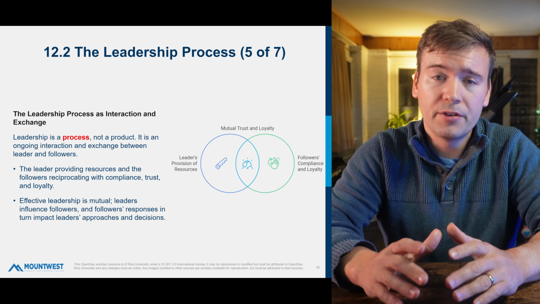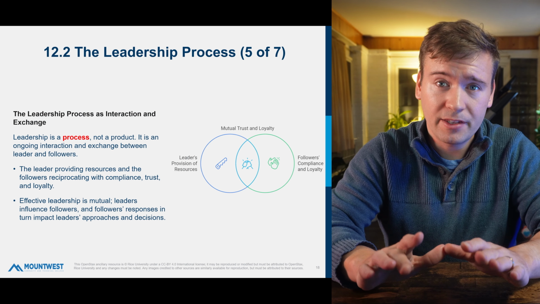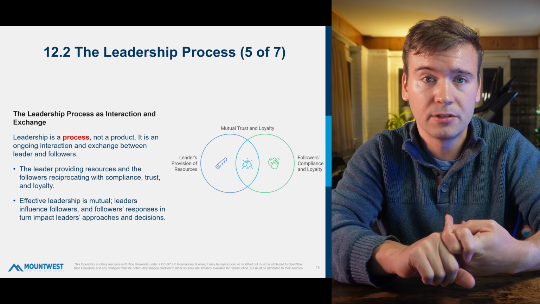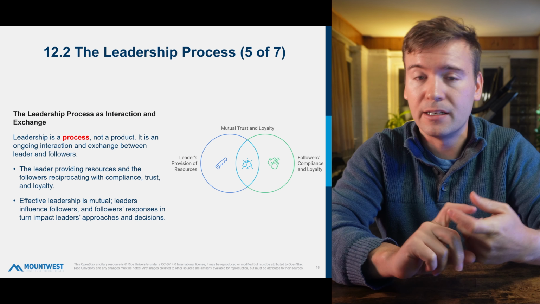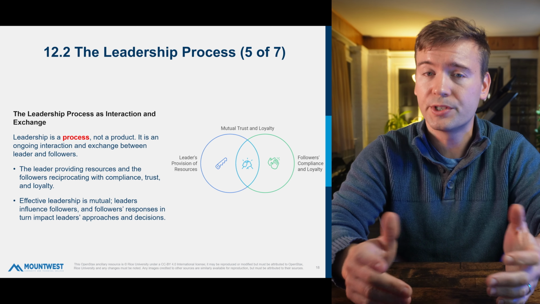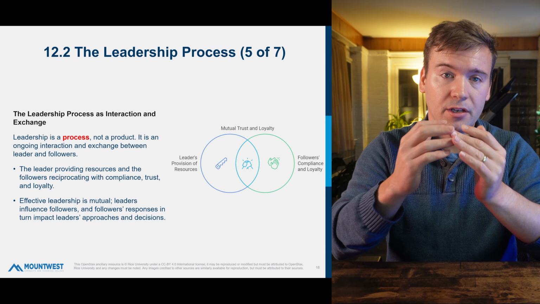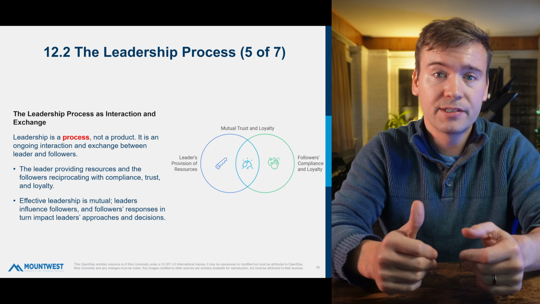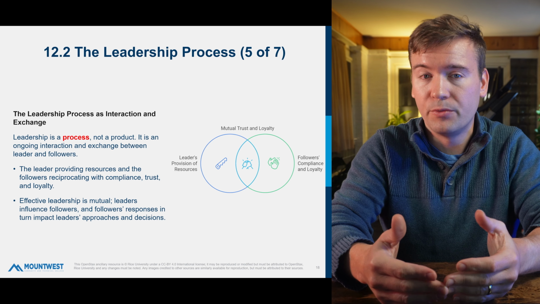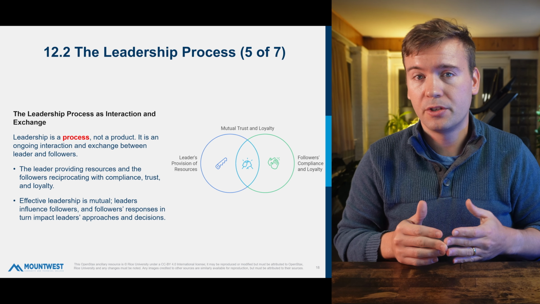It's important that we remember, and I've said this a few times now, leadership is a process, not a product. It's not static. It's an ongoing interaction and exchange between the leaders and the followers. The leaders provide resources, guidance, and support. The followers reciprocate with compliance, trust, and loyalty.